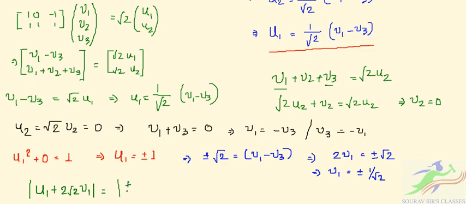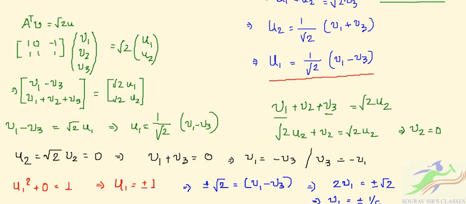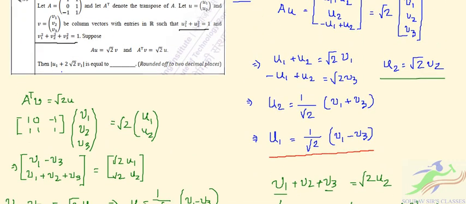U1 is plus minus 1 plus 2 root 2 V1, so it is plus minus 1 by root 2. So here you can see that root 2 will cancel out. So plus minus 1 plus minus 2, so plus minus 3. Inside the mod we will take the value only 3. Okay, so the answer for this value is equal to 3.